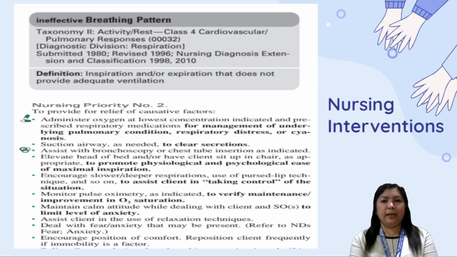These are the interventions towards providing relief of the causative factors of ineffective breathing pattern. Pay particular attention to interventions that are only applicable to your client. Interventions should be chosen on the basis of your individual client's condition.